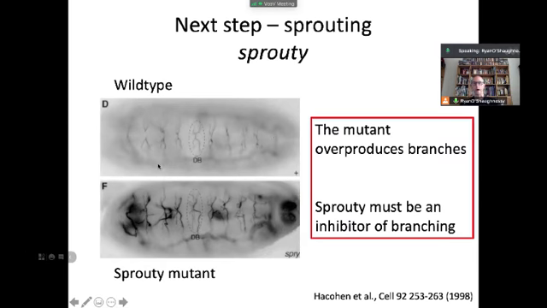In our wild type, we see this very nicely arranged pattern of branches, whereas in our Sprouty mutant, we see a much more disorganized and overproduced tracheal network, many more branches. This suggested to the people working on this mutant that Sprouty must be an inhibitor of branching.